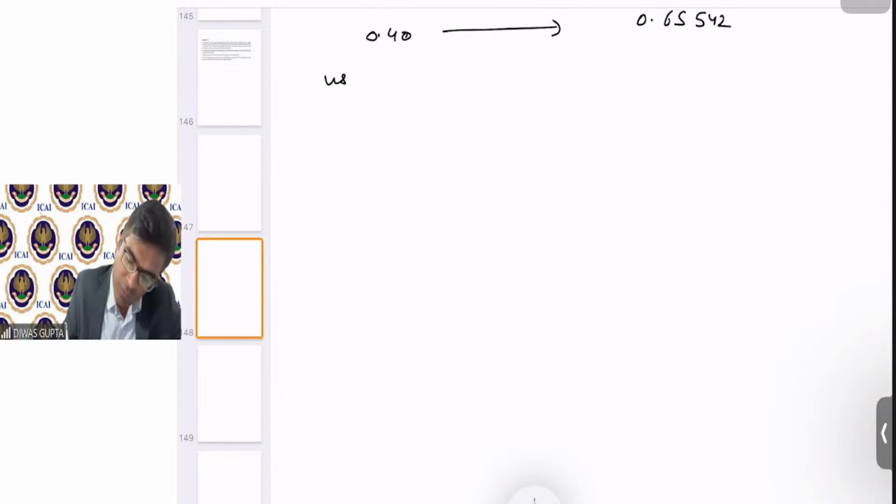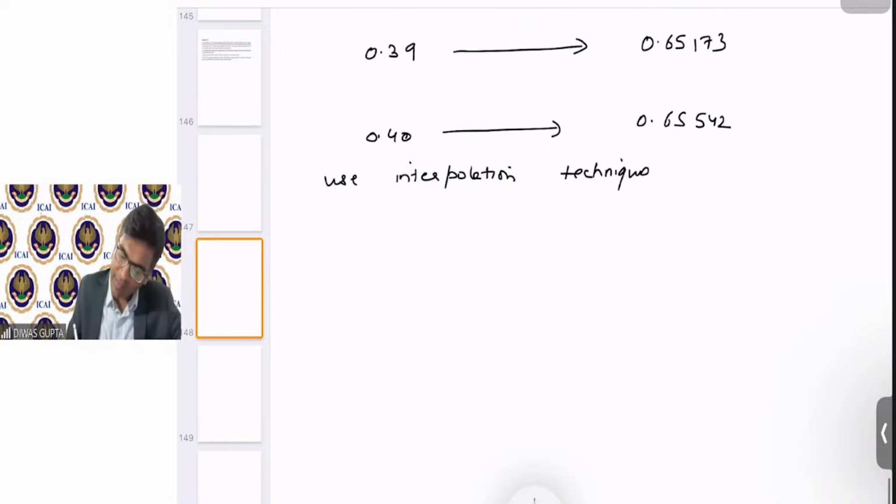So if we use interpolation technique again, let's start with the basic value 0.65173.